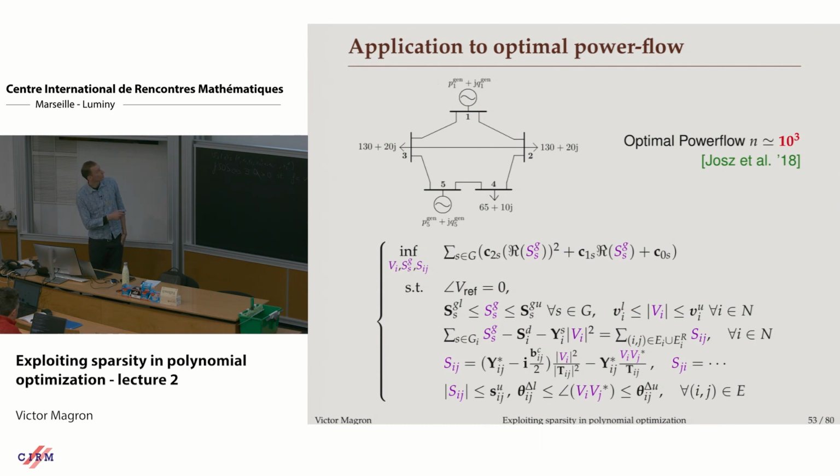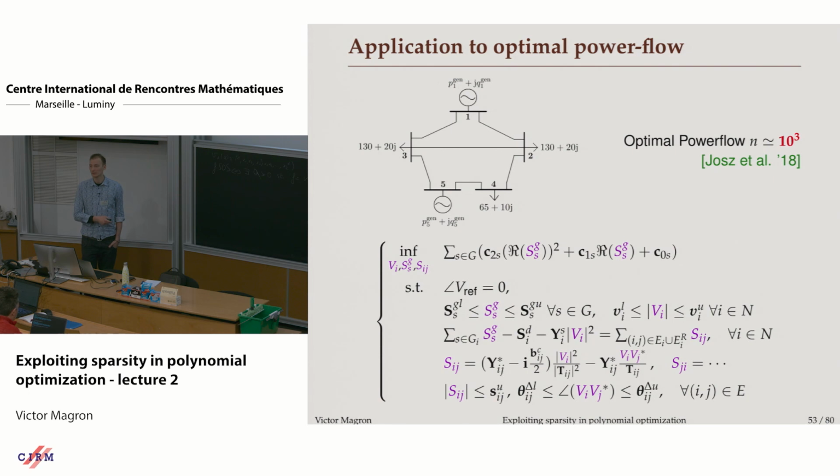And the unknowns here are the voltage variables. SG are active powers, and Sij are power variables that will play a role when you write your conservation equations, so the power flow equations. This problem is horrible because the variables are also complex variables.